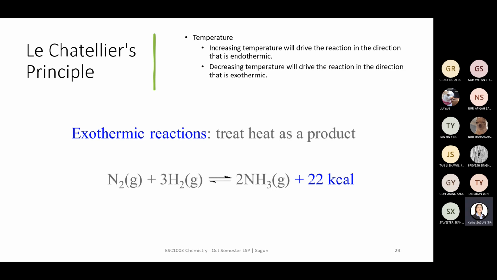The environment becomes hot because your reaction releases energy or heat to your environment. If it's endothermic, what happens is that it accepts the heat or it becomes colder. The system becomes colder. Okay?